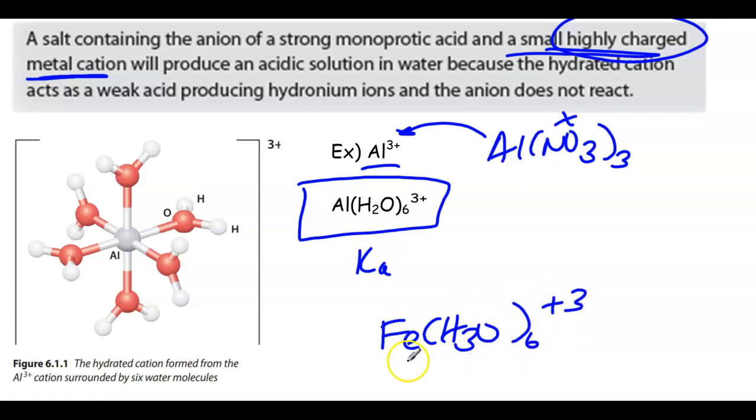Right? So it's the same deal. Iron +3, when it's in solution, will actually form this hydrated complex with the 6 waters, okay? So as far as I can see on your chart, the ones that are most common are aluminum, chromium 3, and iron 3.